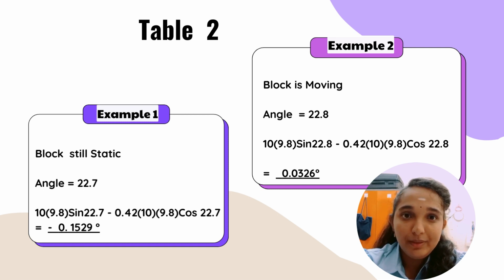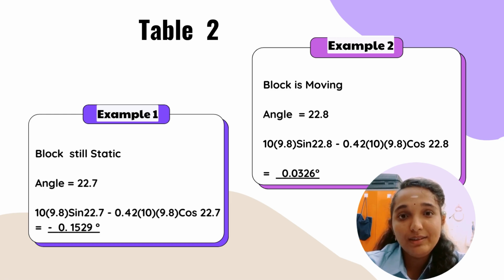In this table, the final angle where it is not moving is 22.7 degrees for example 1. For example 2, the case when it starts moving is 22.8 degrees, so we key in the numbers here. We need to prove whether it is 0 or not. Calculation for example 1: 10(9.8) sin 22.7 minus 0.42(10)(9.8) cos 22.7 equals negative 0.1529.